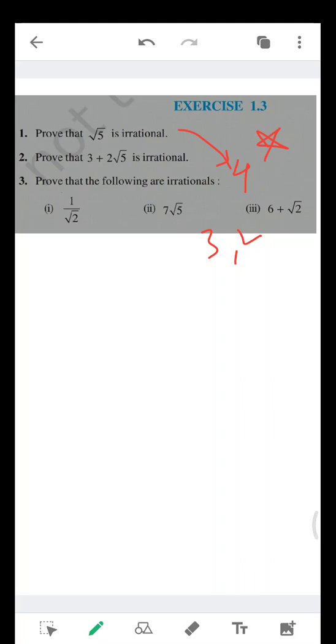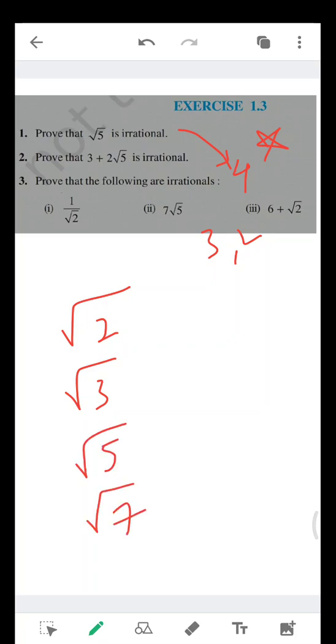Before we go for the first question, let's recall what we learned about irrational numbers. We learned that all non-perfect square numbers like root 2, root 3, root 5, 7, 11, these all are non-perfect square numbers, and these all are irrational numbers.